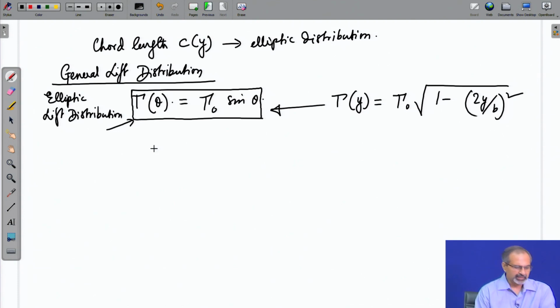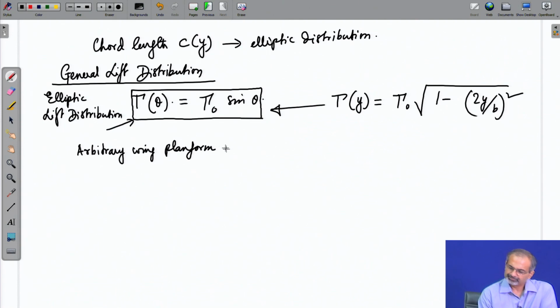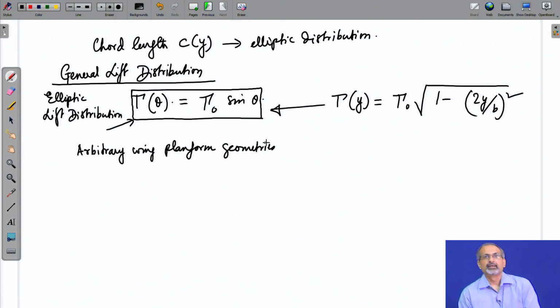So, if we are looking for a more general lift distribution, why should we look for that? We may look at more arbitrary wing planform geometries, where the chord variation is not elliptic, it may be more complicated.